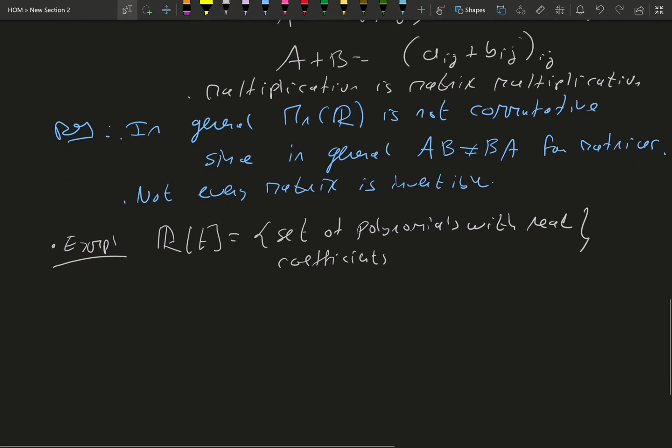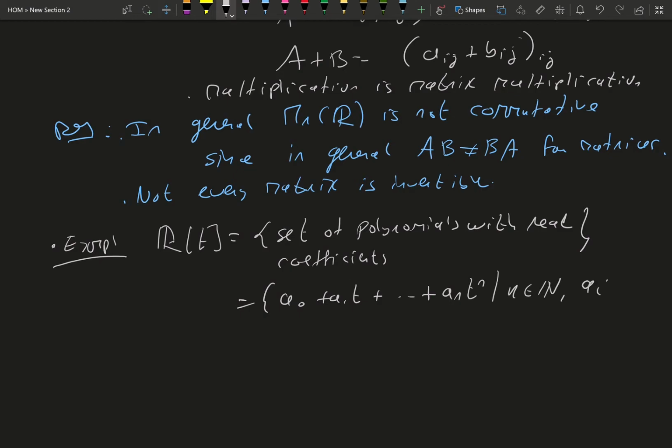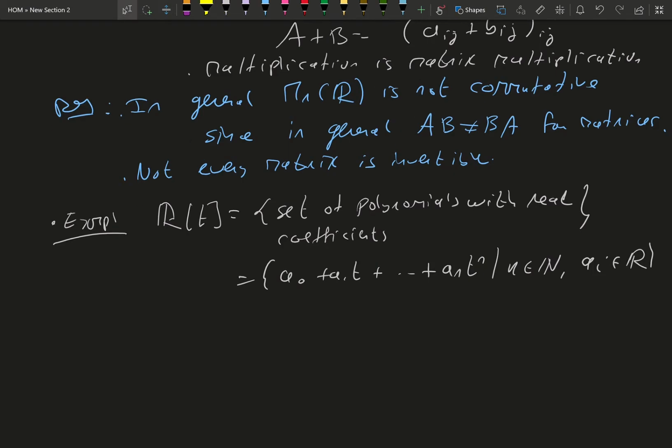So these are expressions of the form a0 plus a1 t plus ... plus an t^n, where n is some natural number and all the ai are in R. Okay, so here we have the set of polynomials with real coefficients. These are expressions of this form. And now we want to define addition and multiplication. And so that basically goes exactly the way that you are accustomed to for addition and multiplication of polynomials.